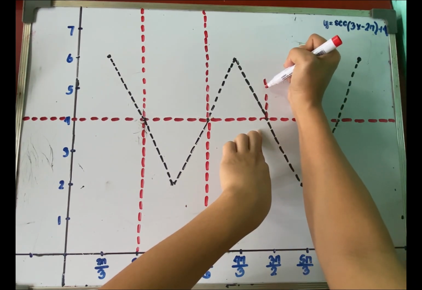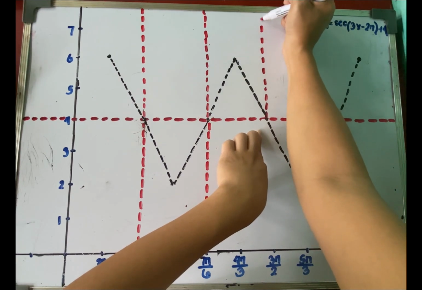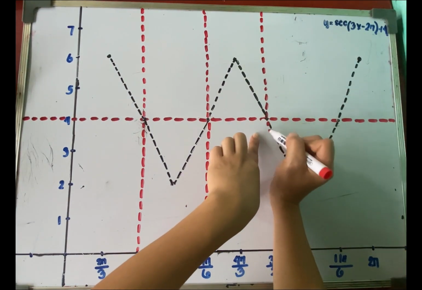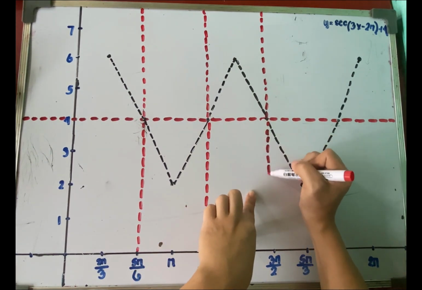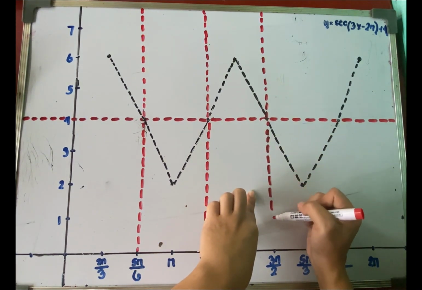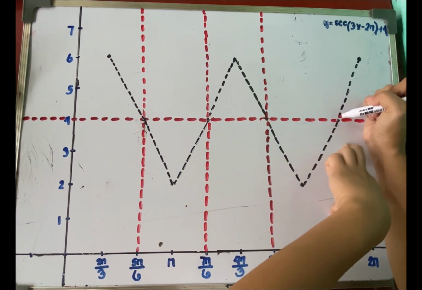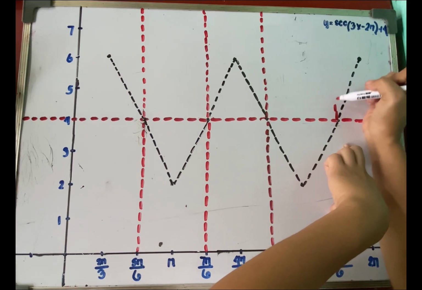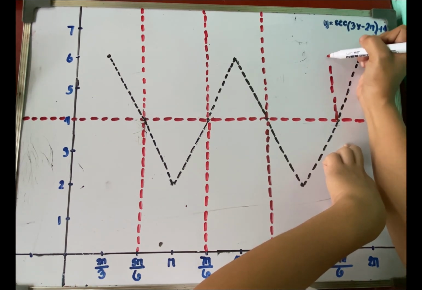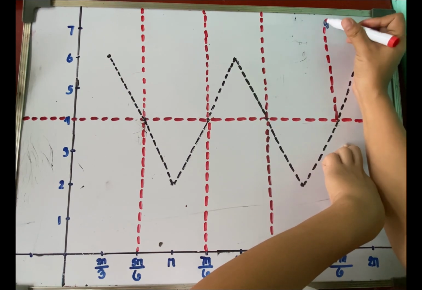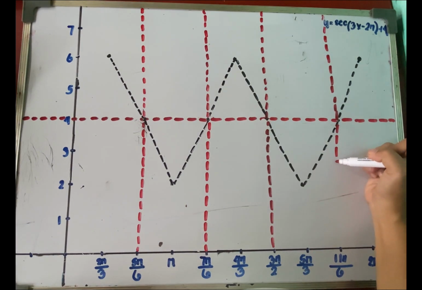Our 3 pi over 2 as well lies at 4, and is our third asymptote. And for our last asymptote, which lies at 4, is our 11 pi over 6.